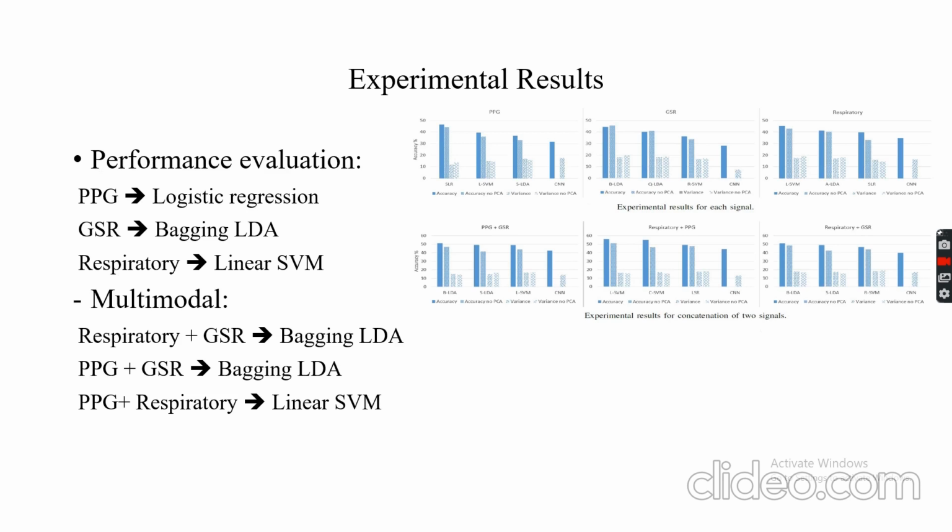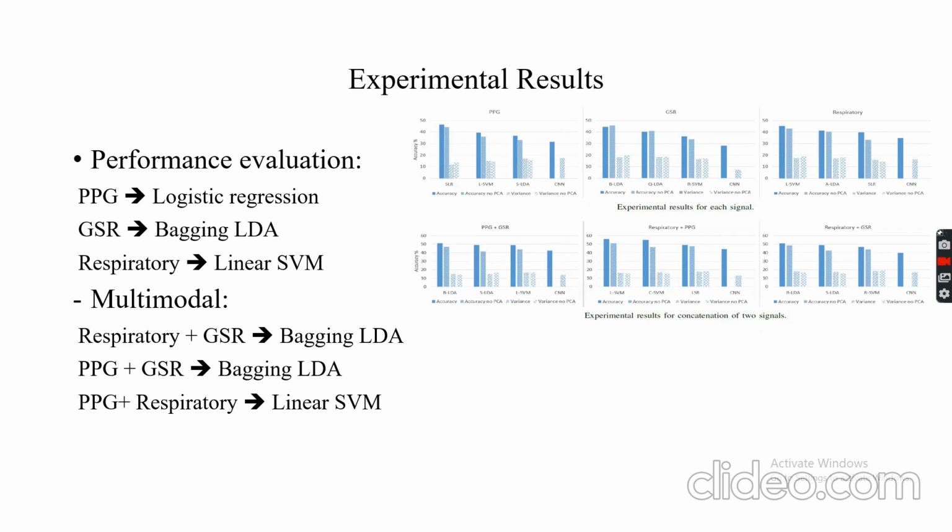As we can see, for the PPG signal, logistic regression outperformed other classifiers. For the GSR signal, bagging had better results compared to other classifiers. Linear SVM was the best classifier for respiratory signals.